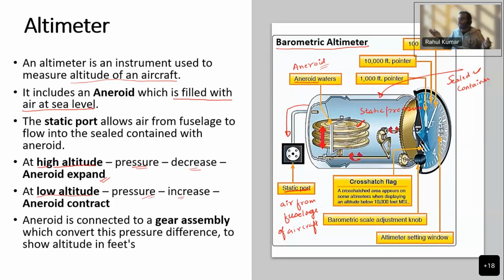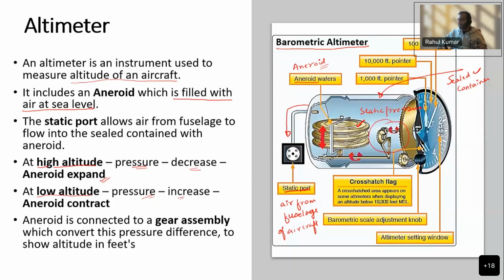Based on that, this aneroid will either expand or contract, and it is connected to a gear and lever assembly which can drive a needle to display the altitude in feet.